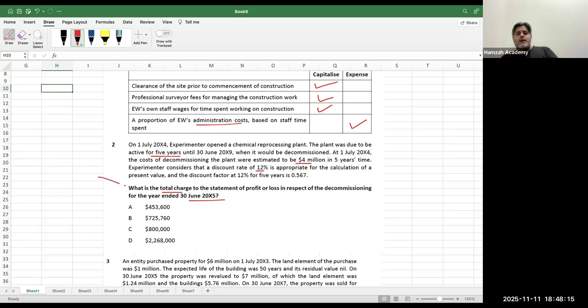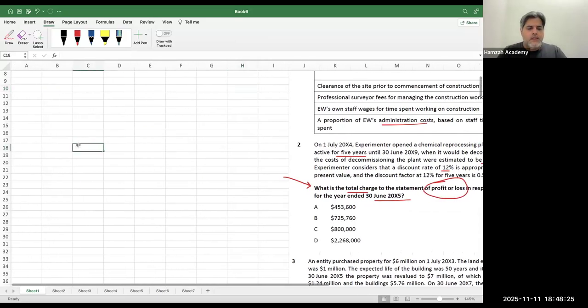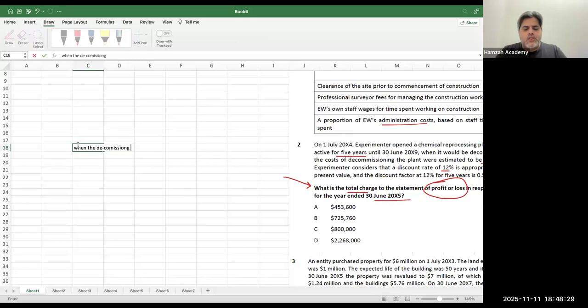So it's asking about the total charge in profit and loss. Now, as far as the total charge is concerned, technically speaking, when the decommissioning cost is capitalized, we will do the following double entry.